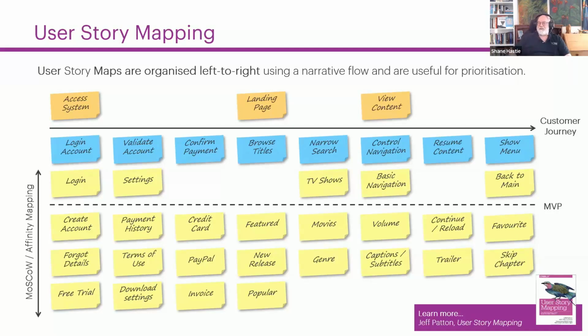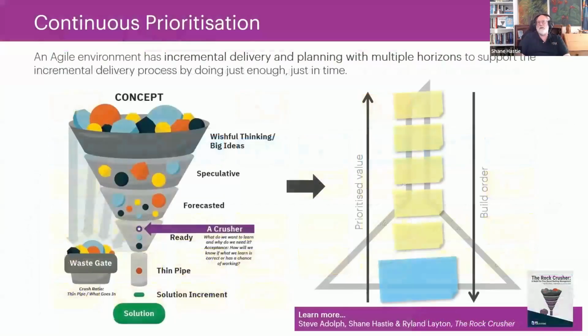And I will do a shameless plug here. That book that Toby so kindly held up earlier, the Rock Crusher, we feel that the authors, myself and my two co-authors, feel that this is a contribution to helping manage that flow of work. And there's the concept of continuous prioritization. How do you manage multiple different time frames?